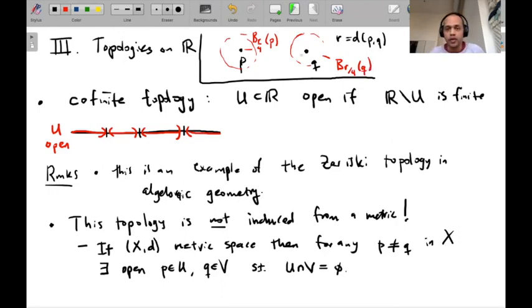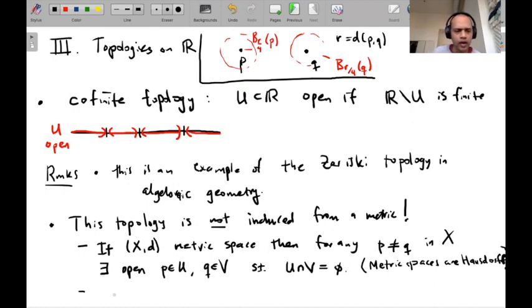That's what I take as my U and V. There are different choices, but we just want an example. This is a property of metric spaces, and it has a name, Hausdorffness. So metric spaces are Hausdorff, with two Fs.